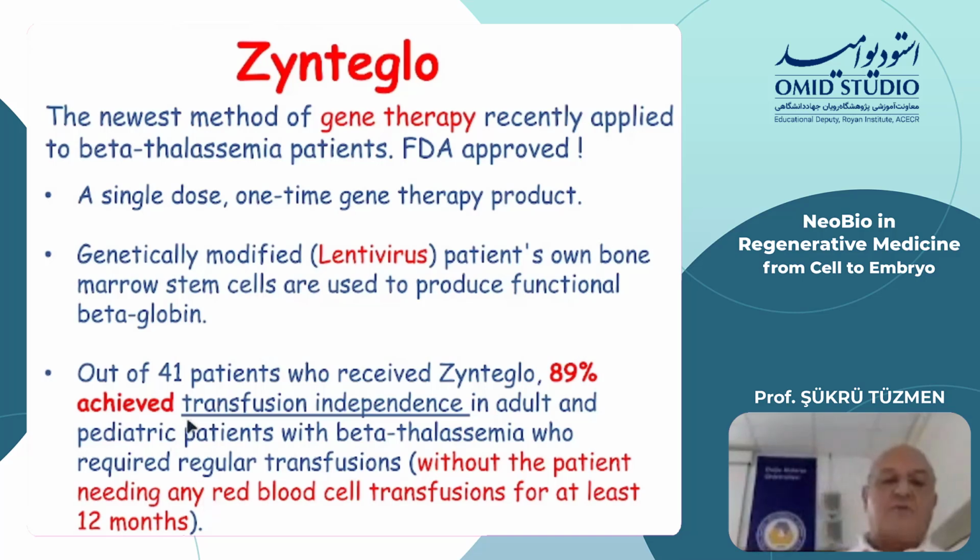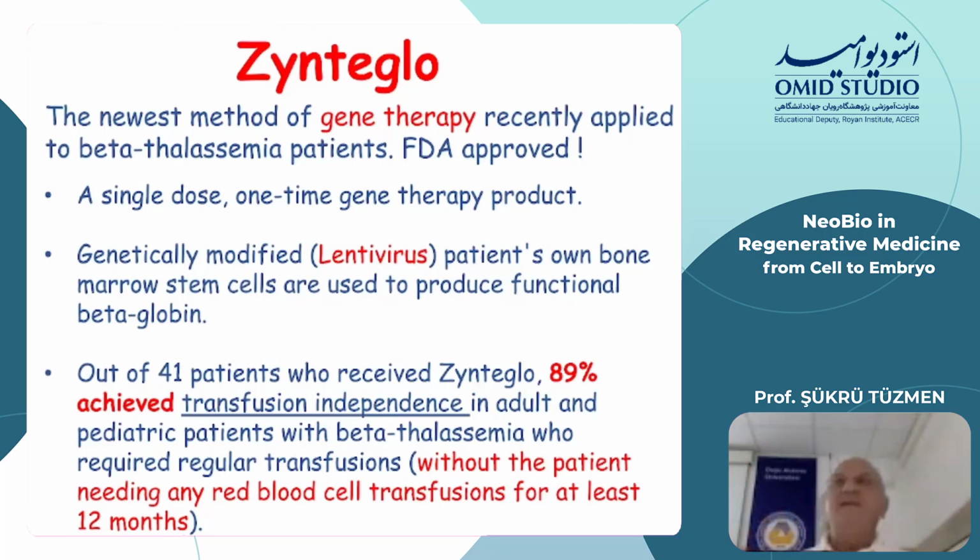What they found is that out of 41 patients who received this drug called Zynteglo, about 89% were transfusion independent. This is a really important outcome. They succeeded in stopping the people from needing blood donation.